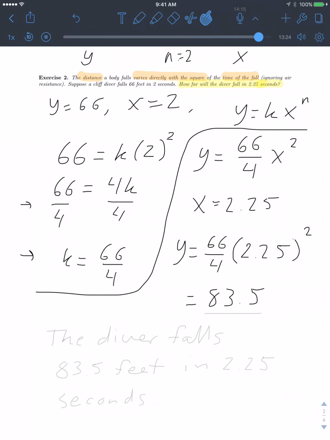Now, in all of these problems, we have units associated with the quantities in question. So 83.5 is the number, but in words, we want to say the body, or the diver, falls 83.5 feet in that time frame, in 2.25 seconds.